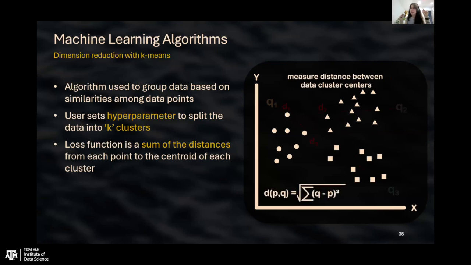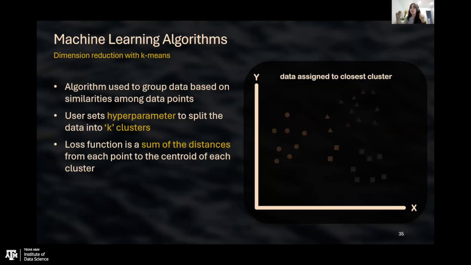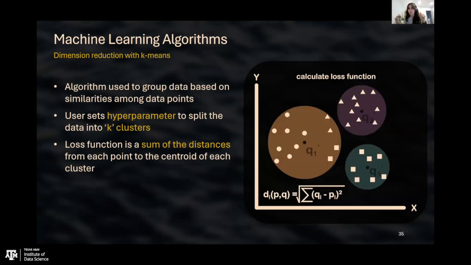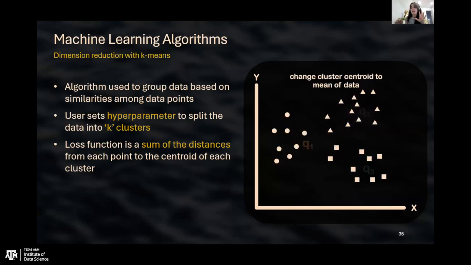Until the cluster centers stop moving, those are going to be the clusters. Your error metric, your loss function, is not going to get any better, therefore these data points are the ones that are clustered together. Like I said, the loss function is just the sum of distances between them.